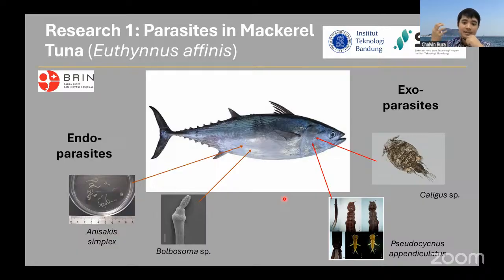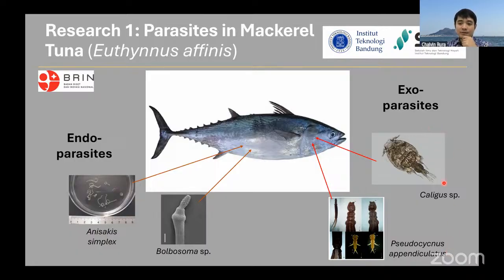And any parasite that attaches to the gills has a potential to be detached. And because they can detach, they tend to be not a really good biomarker for the stock. But still, in this research, we still want to know whether or not it can still be useful to know the abundance or the presence of these types of parasites in the gills.